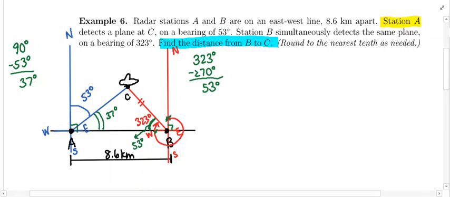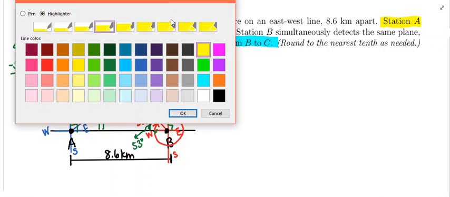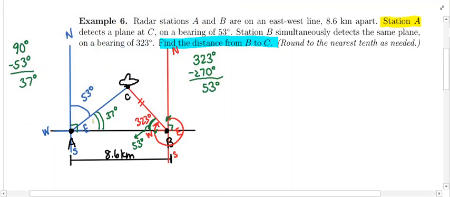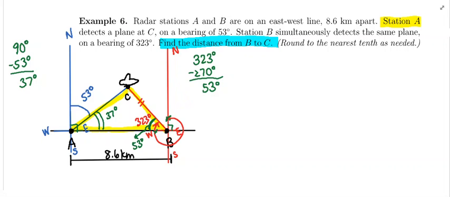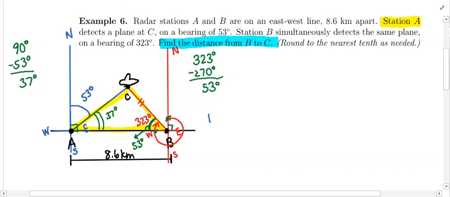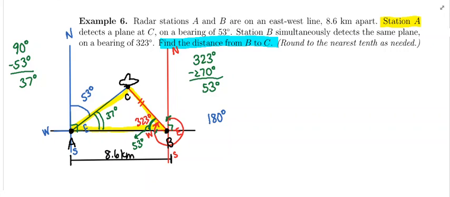Now if I look inside of this triangle that I have formed here, this yellow triangle that I'm highlighting, I know 2 of the 3 angles inside of this triangle. I have a 37-degree angle. I have a 53-degree angle. The angles inside of this triangle have to add up to 180. So if I take 180 degrees and I subtract out the 37-degree angle, that green angle, hang on, let me color code it.